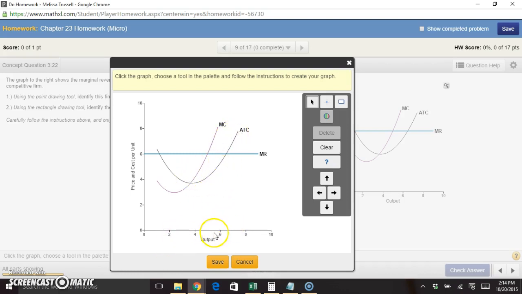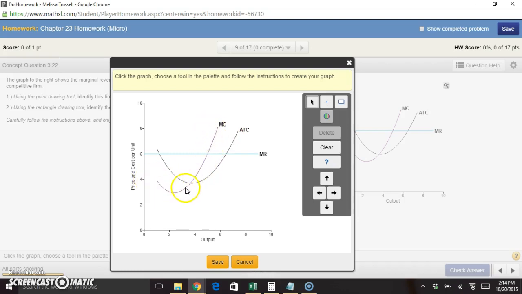So if we choose to output 5 products, our cost per unit, if I come up to the average total cost curve and go over to the cost axis, is right about $4 per unit. So our total cost in that sense is 4 times 5, which is 20. So that's average total cost.